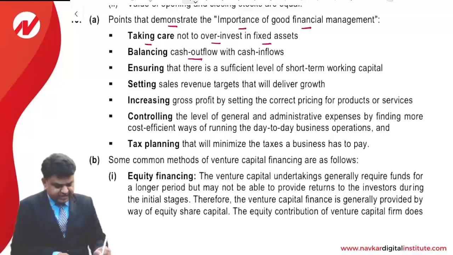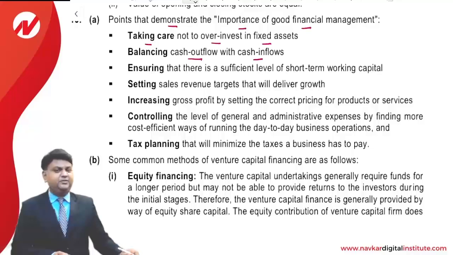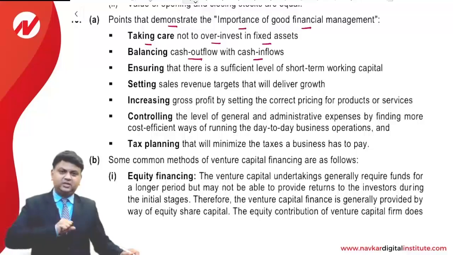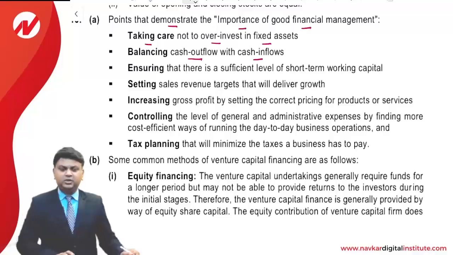Balancing cash outflow with the cash inflow, we have to make sure that whatever profitability we have should be reflected in the positive cash flow also. It should not happen that we are selling goods on credit, and because of that the profit is there, however we are having a poor cash position. We are purchasing the raw material or the goods in quantity so as to avail the discount.